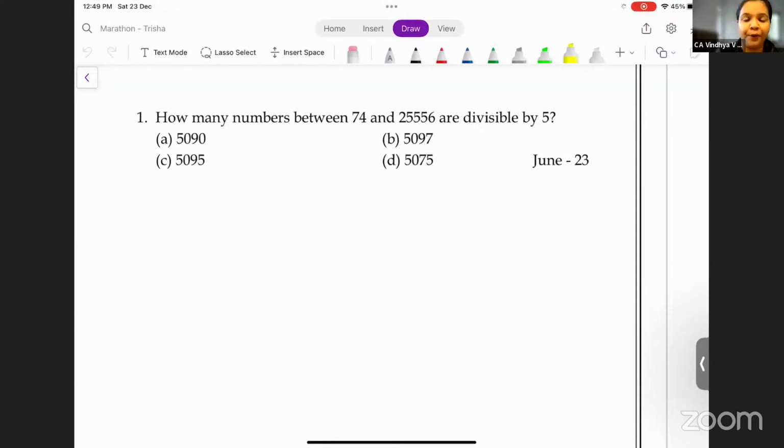All right, question number 1. How many numbers between 74 and 25,556 are divisible by 5?